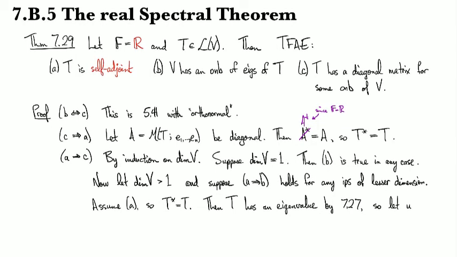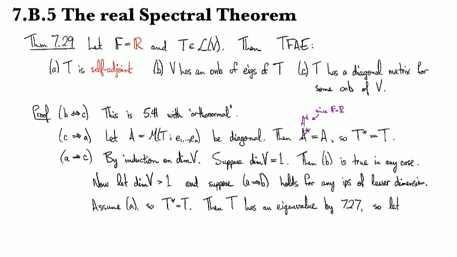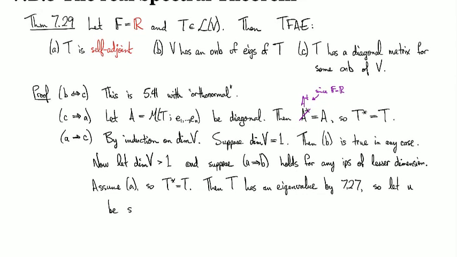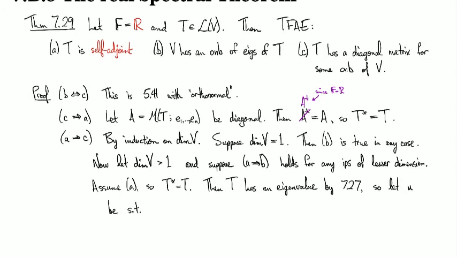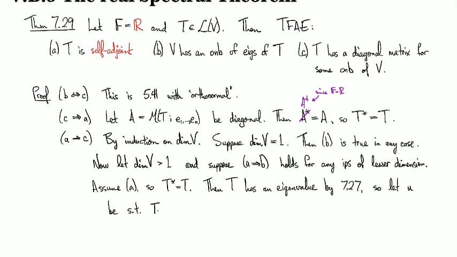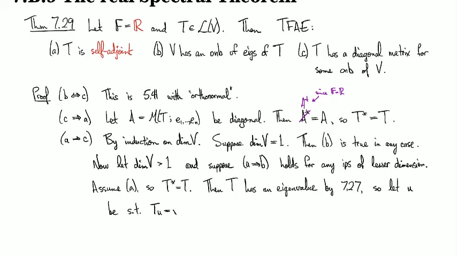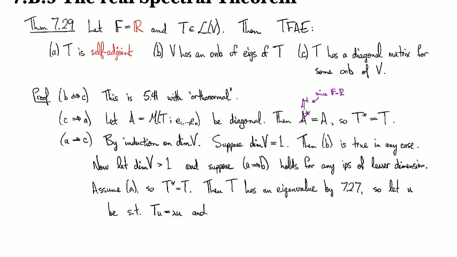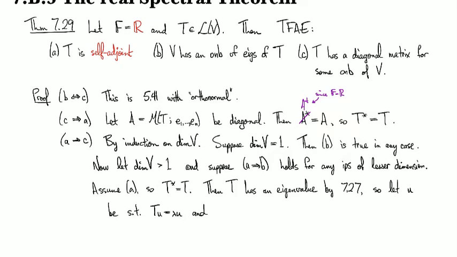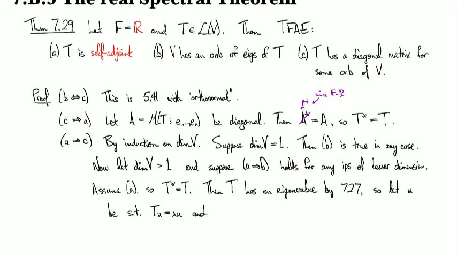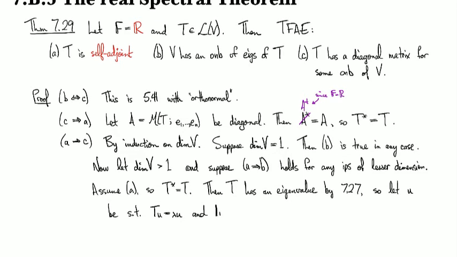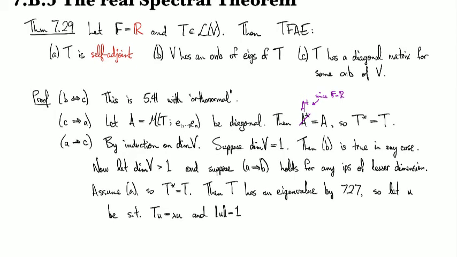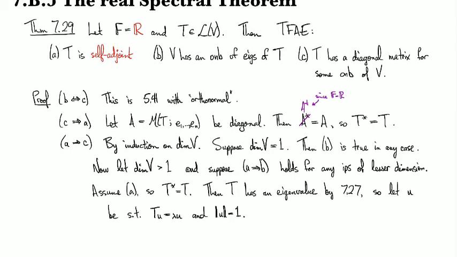So suppose u is such that Tu is equal to lambda u, and u is going to be non-zero, so if we divide it by its norm, then we can assume that u has magnitude 1 without loss of generality.